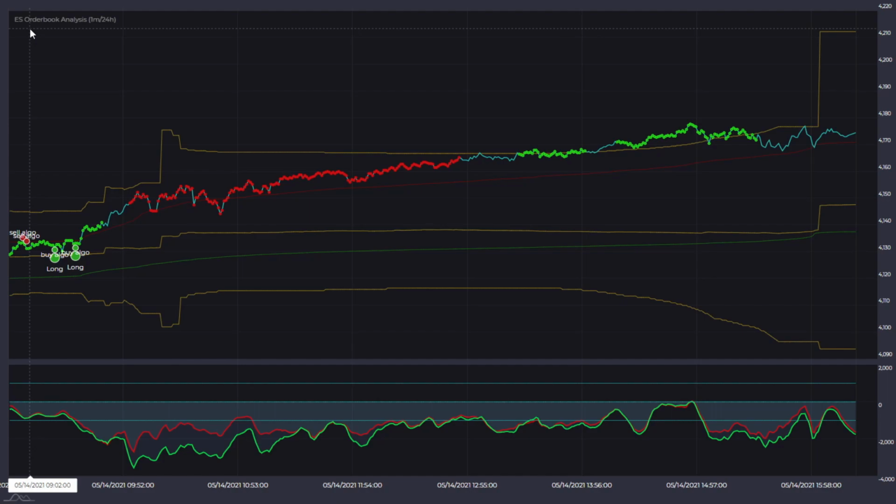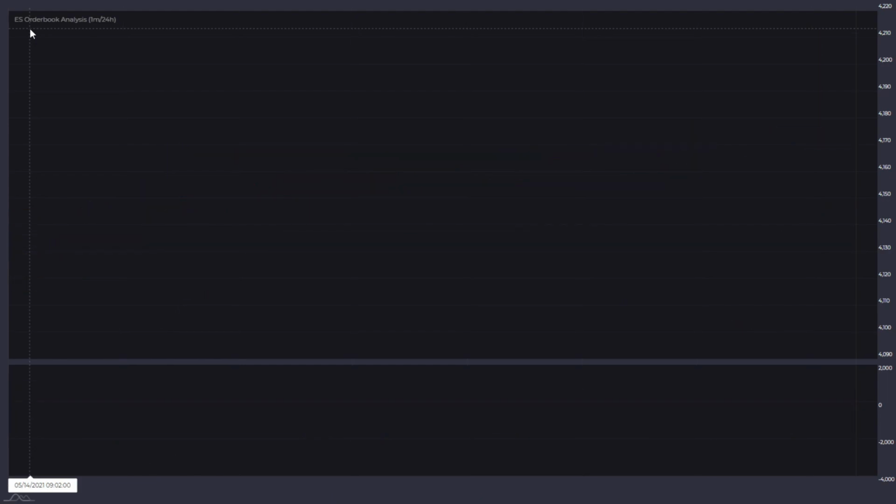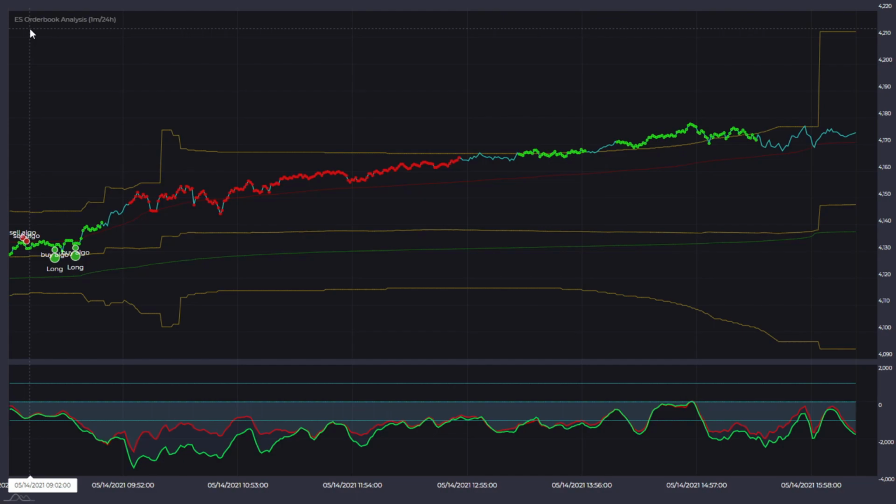I always wanted to quantify some aspects of the order book, because I know there are a lot of patterns going on in the order book itself, which are worth noticing and using.